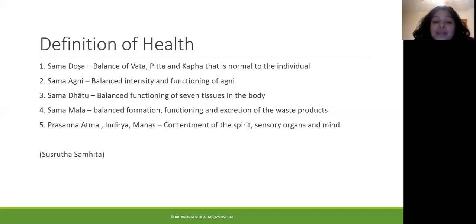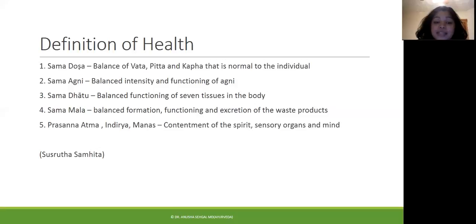Then also prasannata of the Indriyas, or contentment of the sensory organs. Indriyas means the sensory organs. There are two types: those from which we gain knowledge, known as the jnana indriyas, and those which carry out actions, known as the karma indriyas. Both types of senses need to be contented and happy, which means you need to do the appropriate actions usually carried out by those organs.